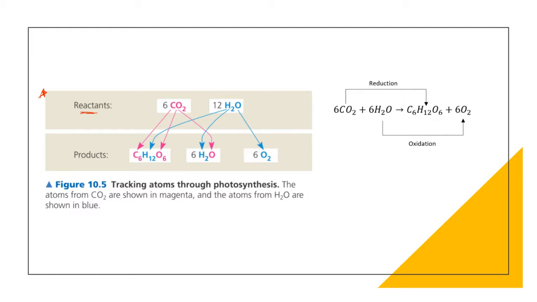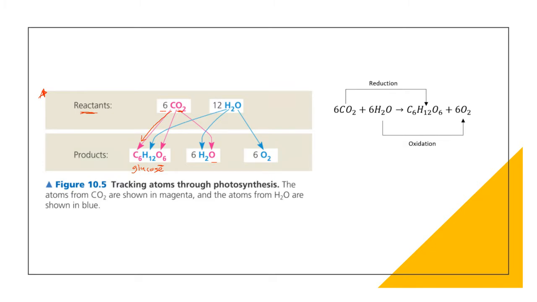If these are our reactants, our 6 molecules of carbon dioxide, the carbons, as you can see, are going to fall here. They're going to be part of the glucose. The oxygens from the carbon dioxide are going to end up in the glucose, and they're going to end up in the water. A little bit of water is also produced during photosynthesis. What about the water?